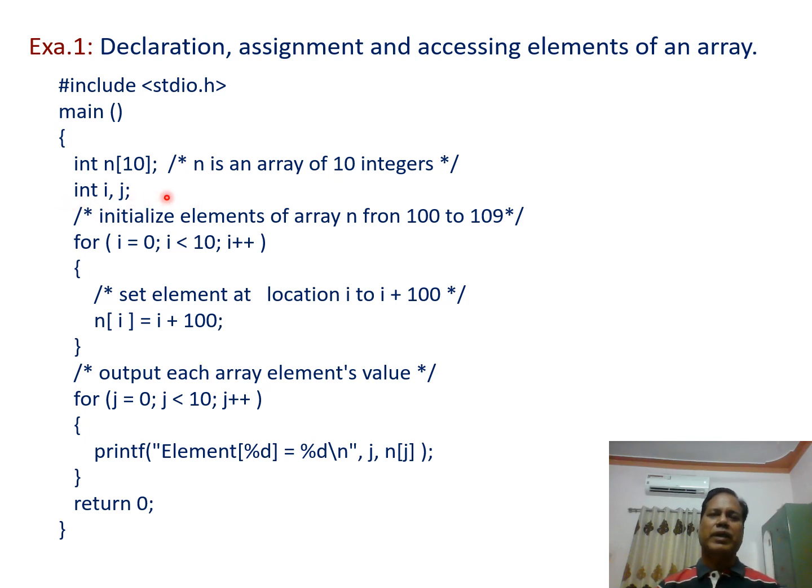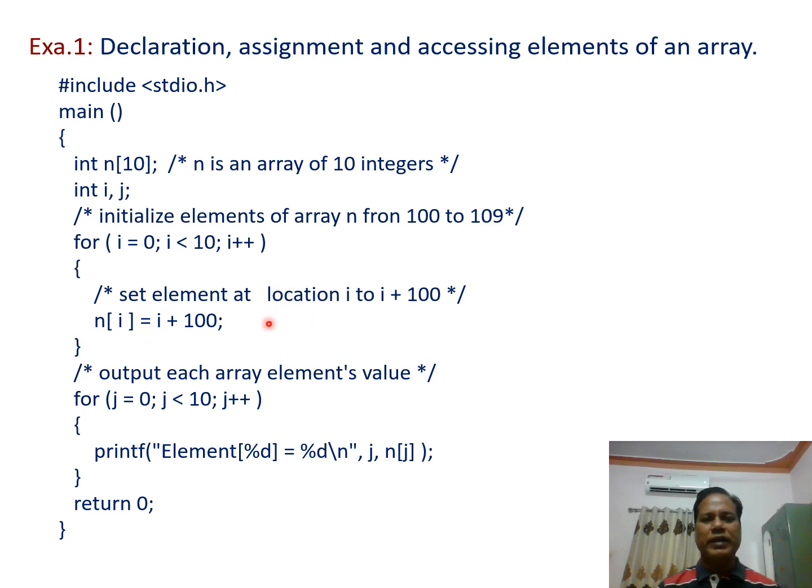These two integer variables are used as counter variables needed in the looping statement. So here a for loop is used: for i equal to 0, i less than 10, i plus plus. We store 10 integer values.